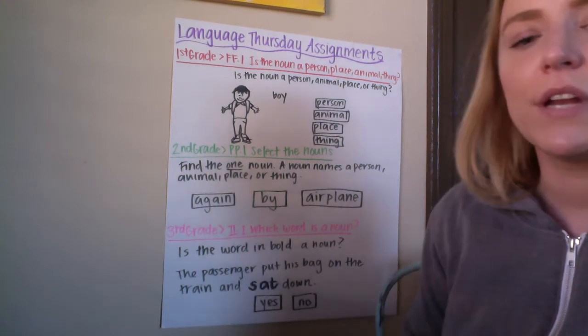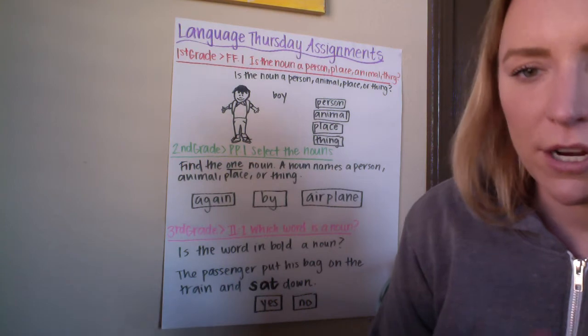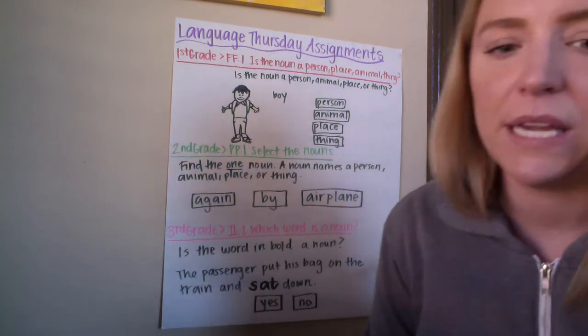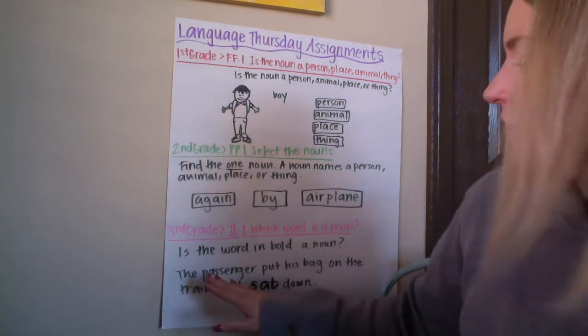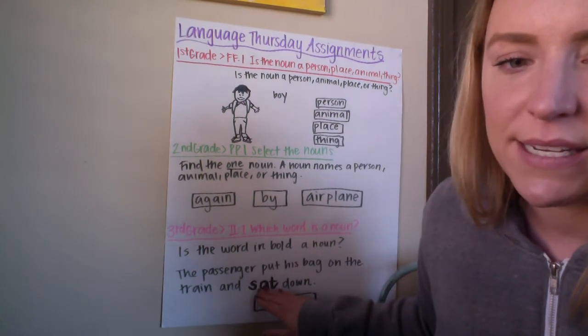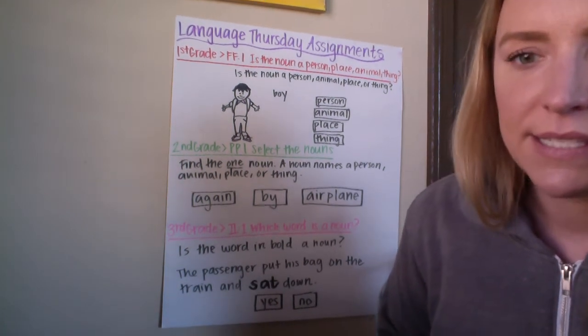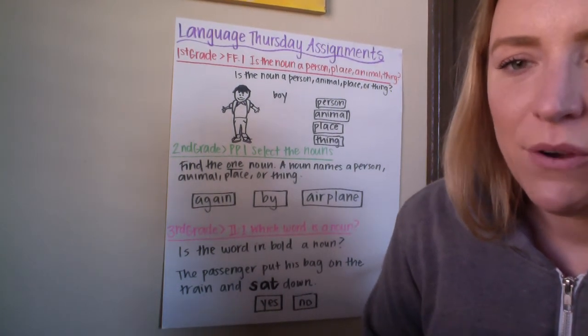Another question you may see, it's going to ask you, is the word in bold, or the word that is outlined, excuse me, is it a noun? So we got to read the sentence and determine if the word in bold, which we see here as sat, is a noun. The passenger put his bag on the train and sat down.